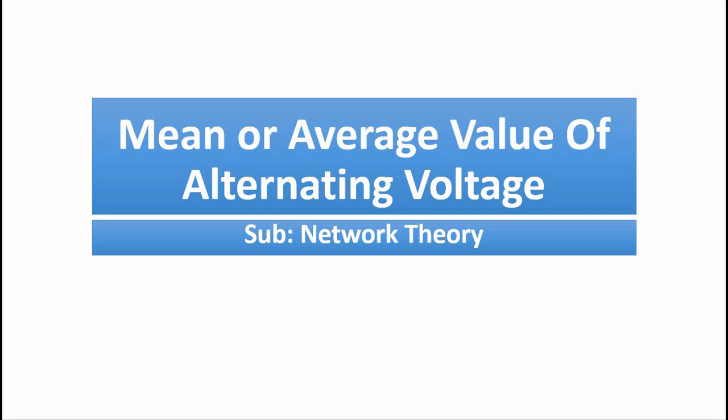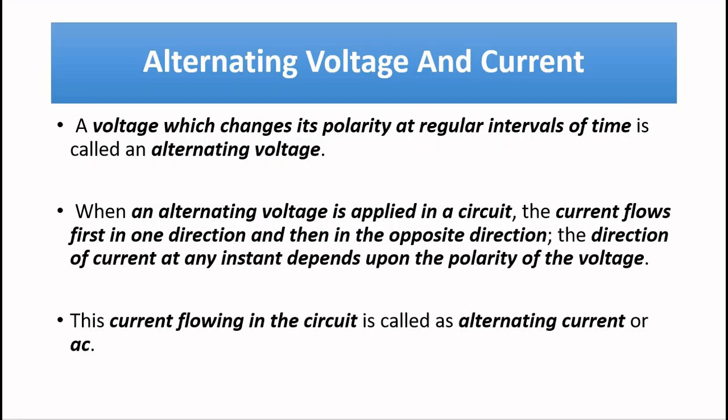A quick review. We know that alternating voltage and current, the alternating parameters, vary in terms of magnitude and direction. Magnitude changes with time continuously, and direction or polarity reverses periodically after fixed intervals of time.